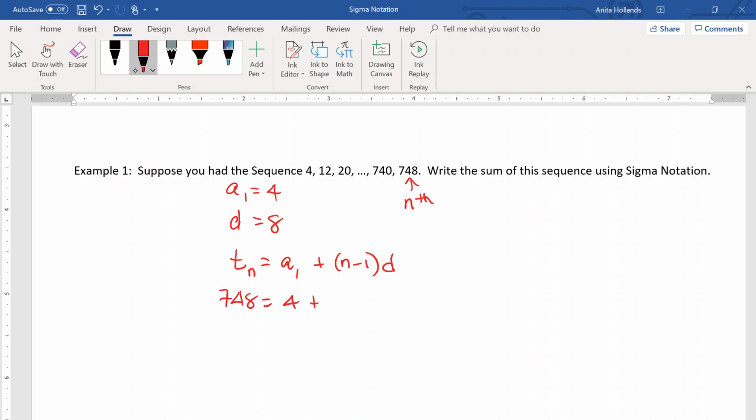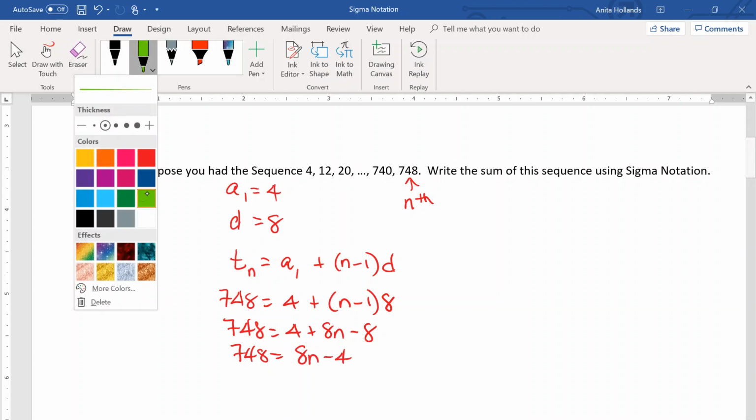This is 4 plus n minus 1, and this is 8. So now let's distribute and solve for n. So 748 is equal to 4 plus 8n minus 8. Combining like terms gives us 748 is equal to 8n minus 4.